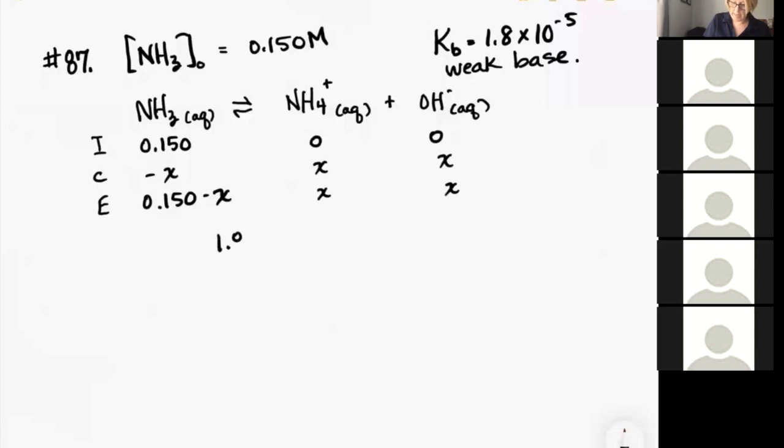So 1.8, which is the Kb value, times 10 to the negative fifth is products, X squared, over reactants, 0.150 minus X. You can use an assumption to simplify your math here, of course, but always check.